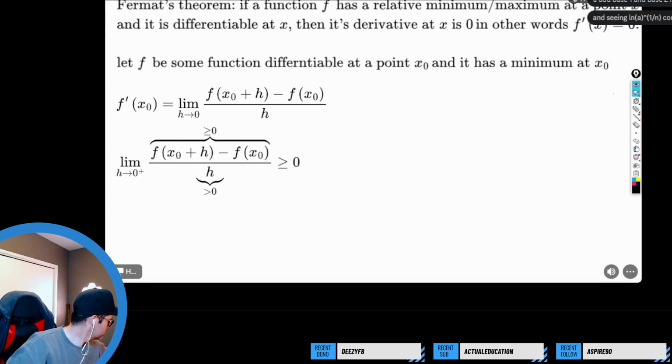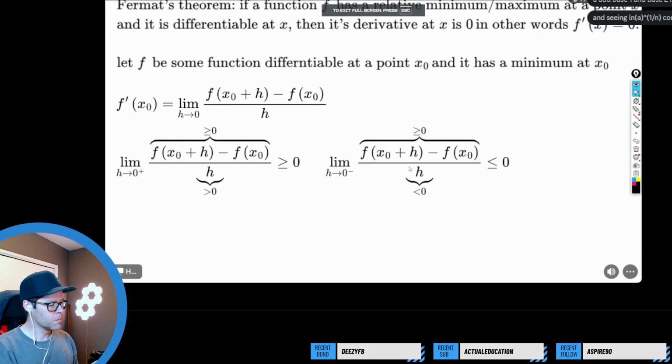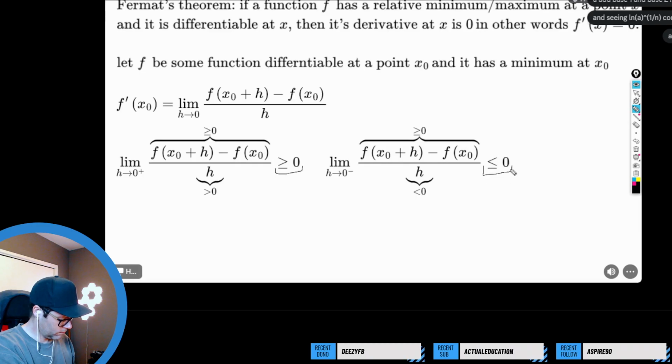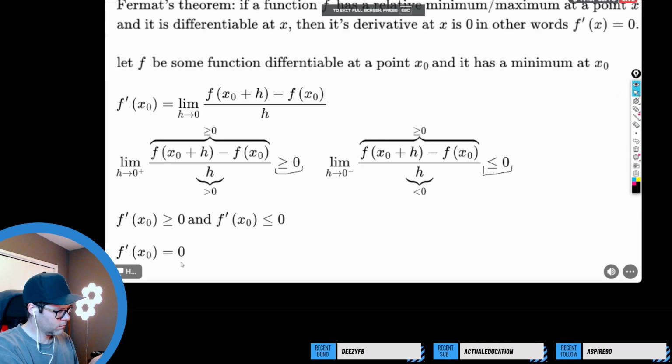If we take it from the left, we get the same thing, but this time h is negative. So this function needs to be greater or equal to 0 and smaller or equal to 0, which means it needs to be 0. This is a very useful theorem, as one of the main usages of derivatives is to find minimum and maximum points in all sorts of functions.